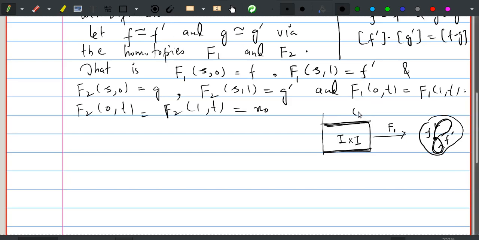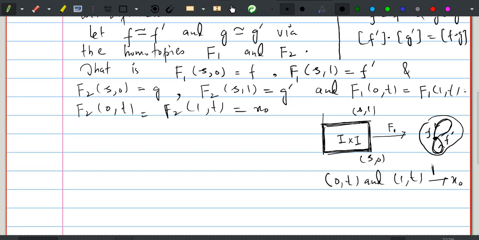The points on this line are the points s1, and these are the points s0. The points (0, t) and (1, t) are mapped to the point x naught by this homotopy F1, for all t in I. That means these two vertical line segments are mapped to the point x naught.